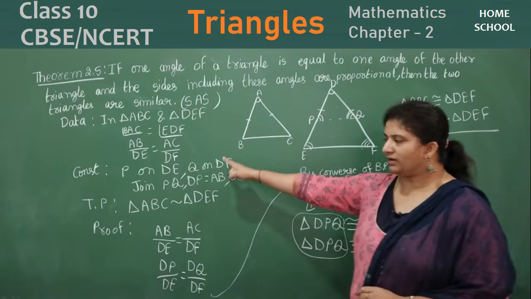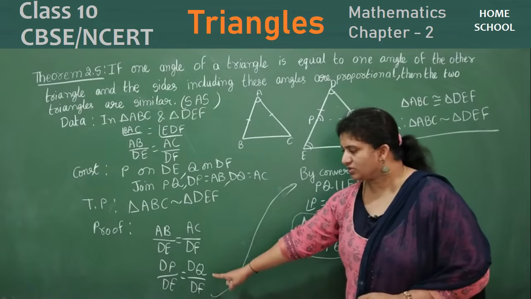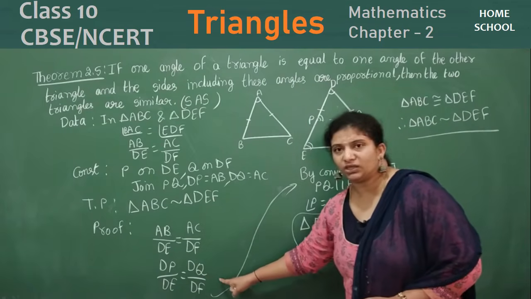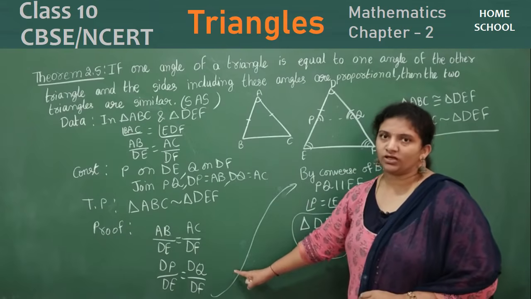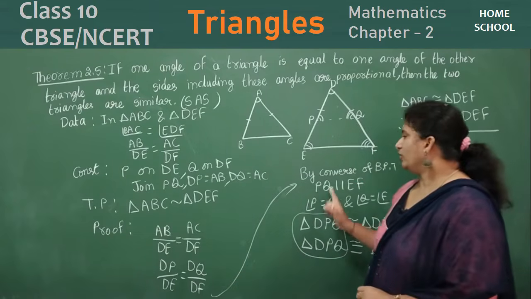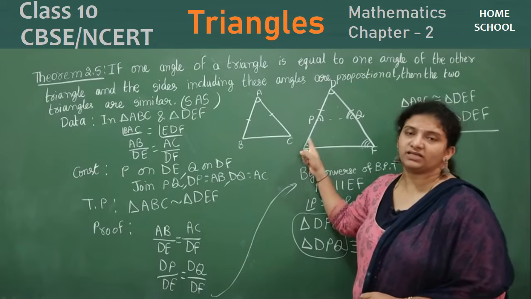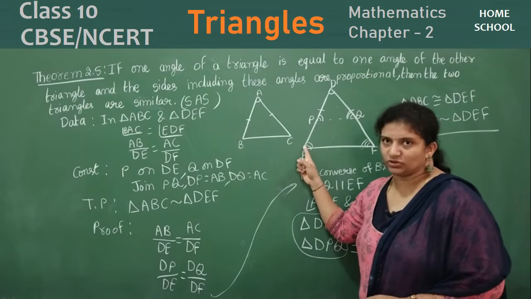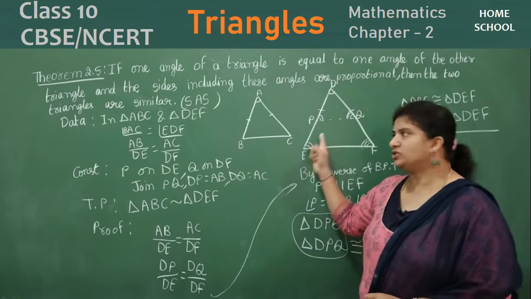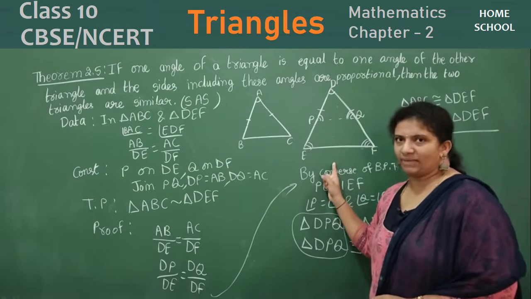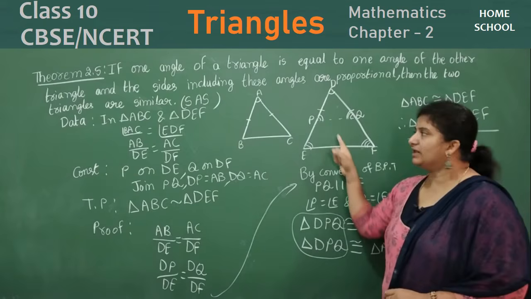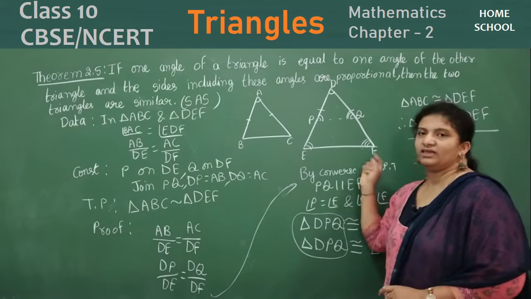In the same manner, we have taken two ratios, then substituted DP and DQ, then did the reciprocal and subtracted 1. By BPT, we get that these two ratios are in proportion. If they are in proportion, these two lines are parallel. If they are parallel, the corresponding angles are equal.